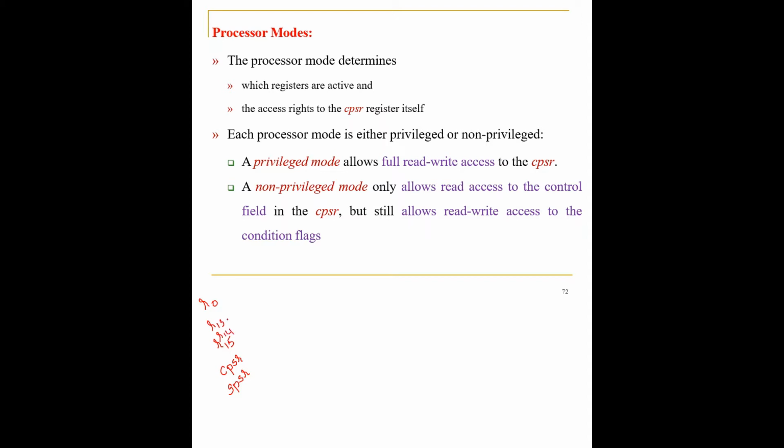R13 was the stack pointer register, R14 was the link register, and R15 was the program counter. R0 to R12 were the general purpose registers. Apart from that, R13, R14 and R15 were the specific purpose registers, and if there is no specific purpose for them, then they can also be used as general purpose registers.